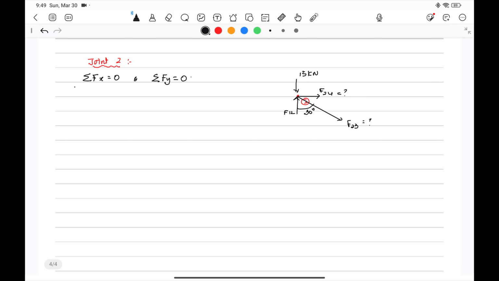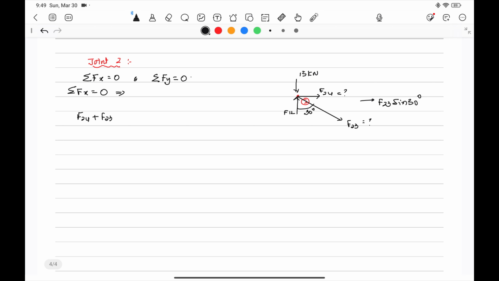Sigma Fx, let us say. Components I have already explained to you. In the first class, I have already explained the concepts. Components: F24 is directly acting in this direction, and F23 component is also acting in the same direction, that is F23 into sin 30, because it is away.